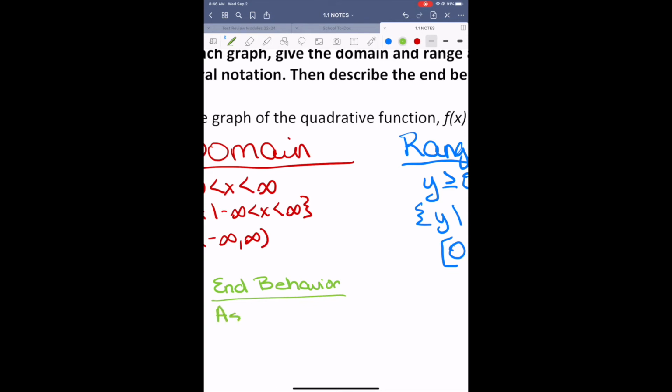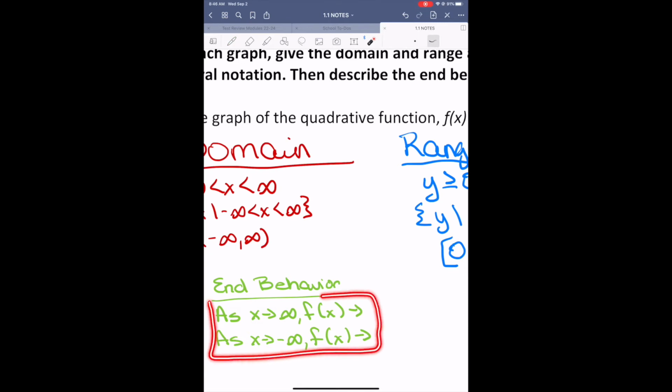You're going to start it the same way. As x approaches infinity, we have to see what f of x does. And as x approaches negative infinity, we have to see what f of x does. This is the portion that will always be the same. 99.9% of the time, this will always be the same. What's going to change is the way your functions perform on the endpoints of y.